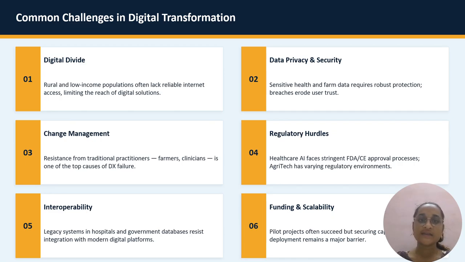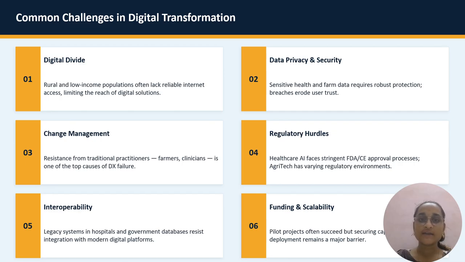Third one is change management. Resistance from traditional practitioners, farmers and clinicians, is one of the top causes of DX failure. Doctors and farmers are used to old methods. If they do not trust or adopt new tech, the project fails even if the tech is good.